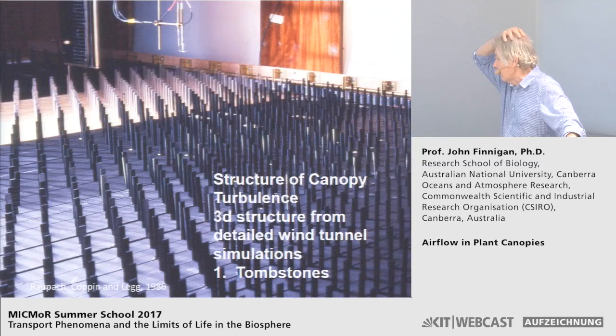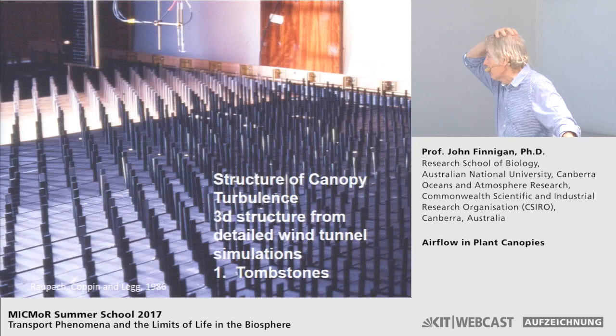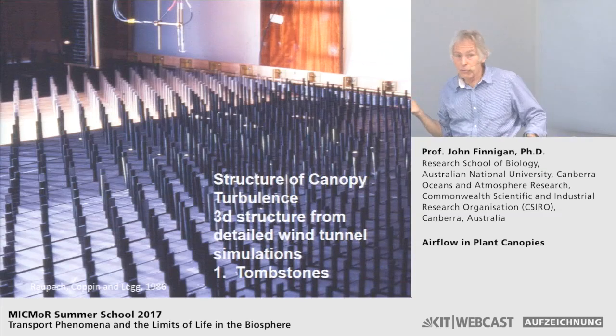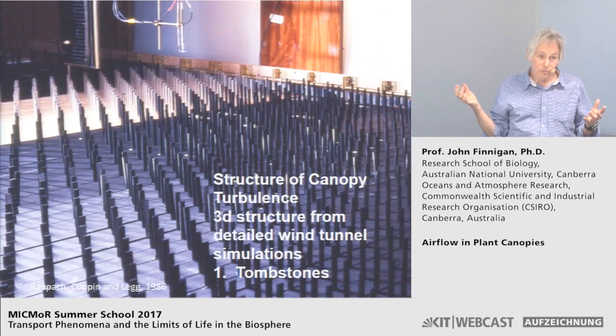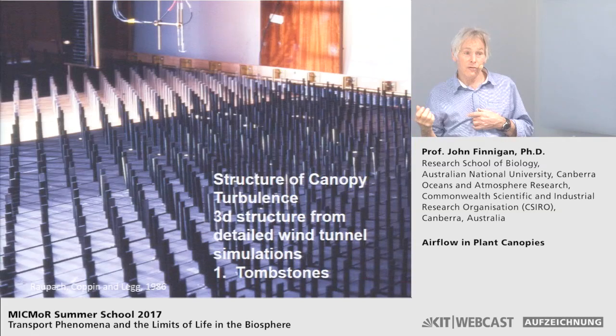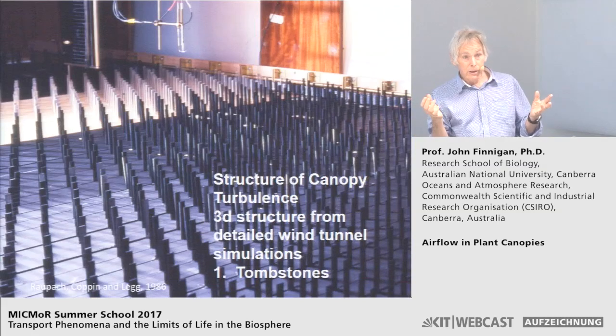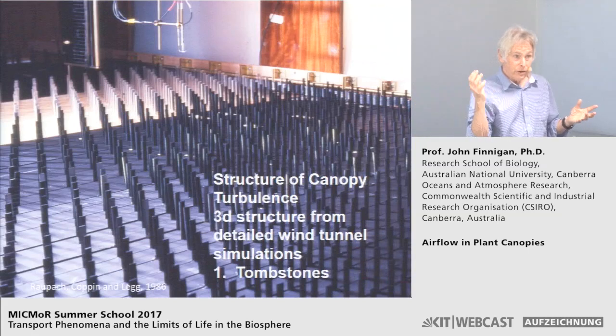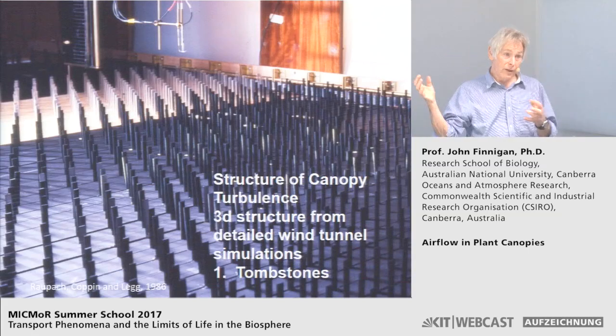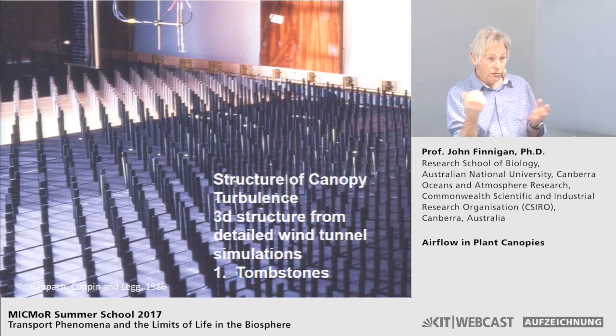We can do it in a different model canopy. This is, for obvious reasons, called the tombstone canopy. The reason that looks like a tree canopy, as far as the wind's concerned, is, if you remember, we are assuming that the drag on the plants is mainly pressure drag, and so varies like u squared.